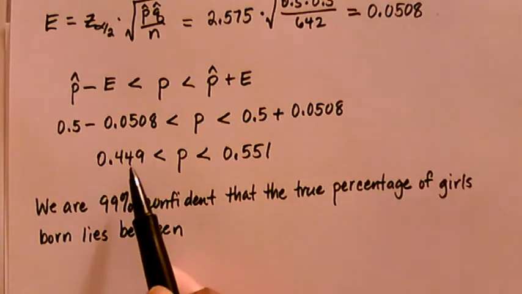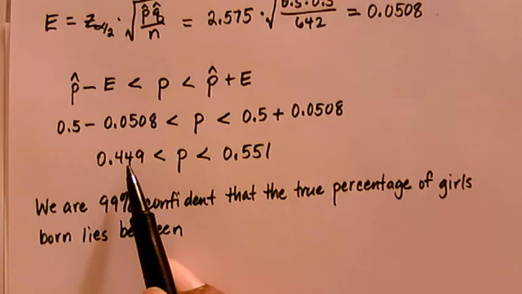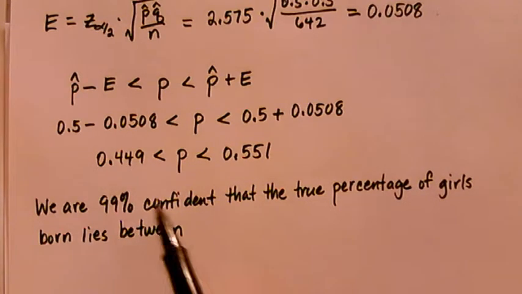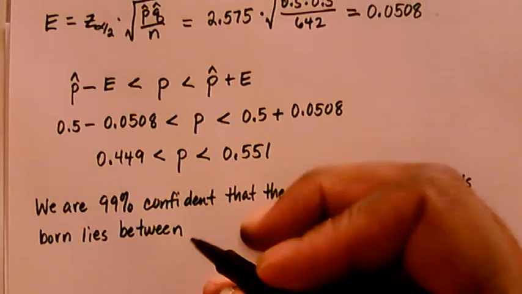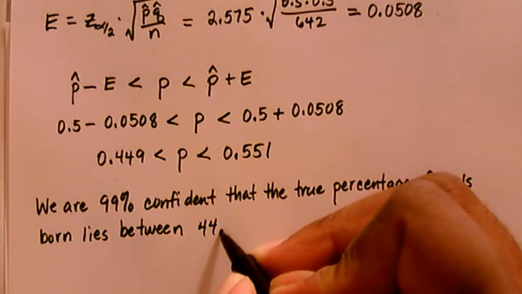Now, these confidence interval limits I'm going to change to percent because it says true percentage in this case. So 0.449, if I change that to a percent, it will be 44.9%.